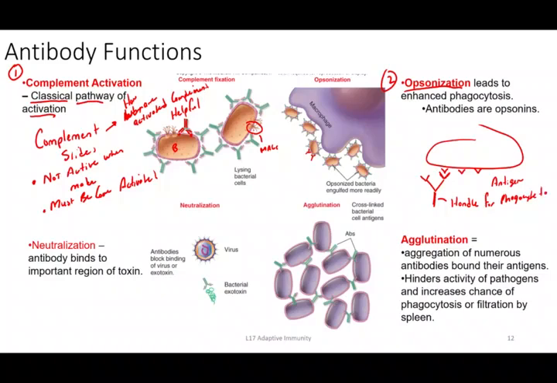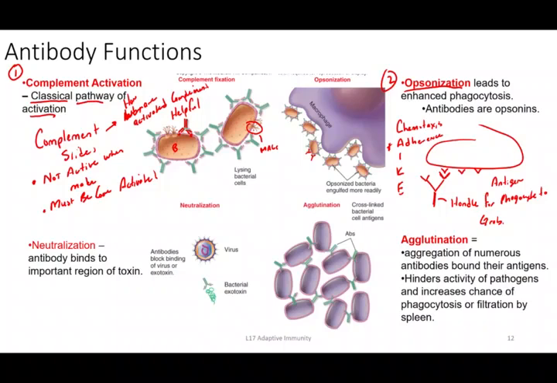a phagocyte to grab. So if you go back and look at the steps of phagocytosis, there are 5 of them, and the acronym is CAKE. So this first one is chemotaxis, but this second one is what we're talking about. This is adherence.